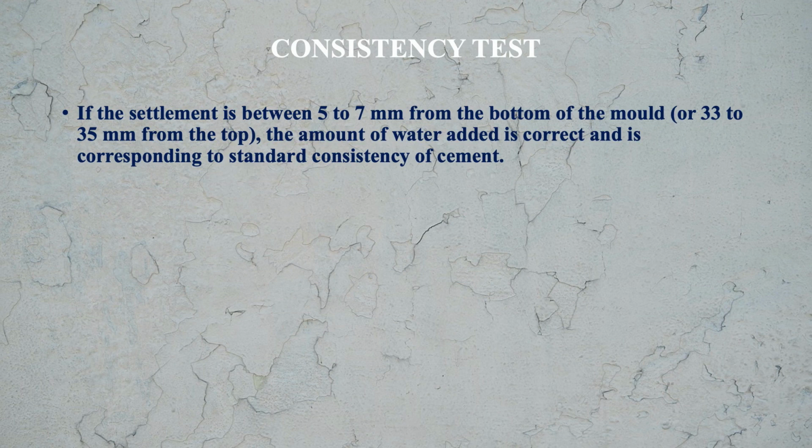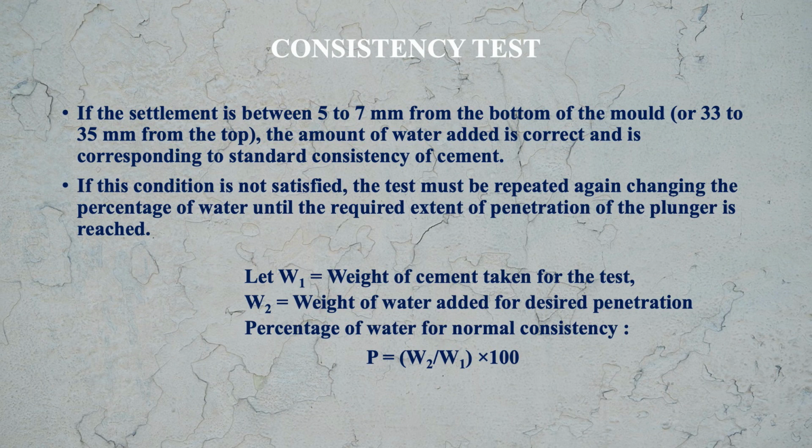If the settlement is between 5 to 7 mm, as I told you earlier, from the bottom of the mold or 33 to 35 mm from the top, the amount of water added is correct and it corresponds to the standard consistency of cement. If this condition is not satisfied, then the test must be repeated, changing the percentage of water until the required extent of penetration of the plunger is reached, that is, 5 to 7 mm from the bottom or 33 to 35 mm from the top.